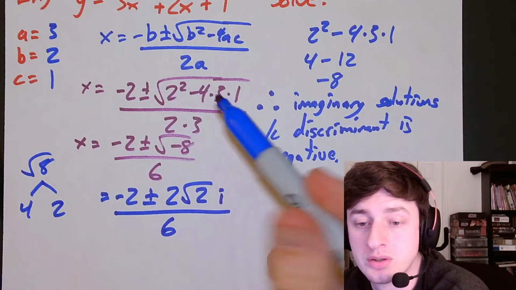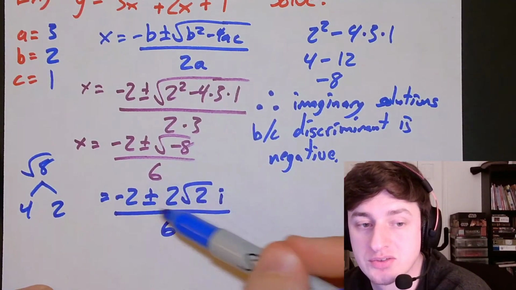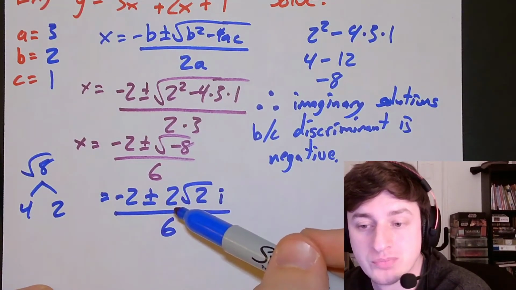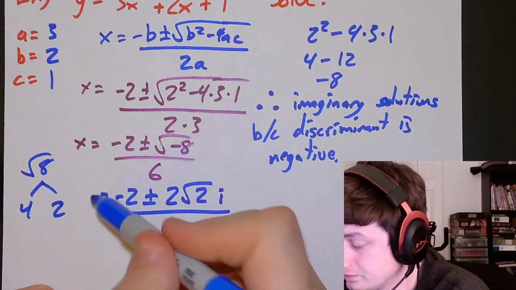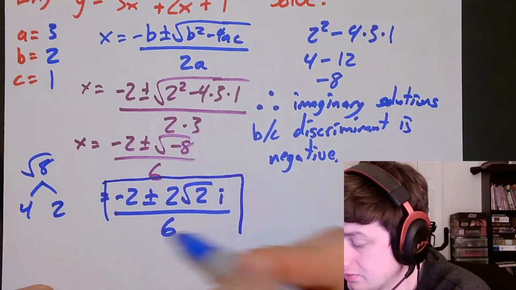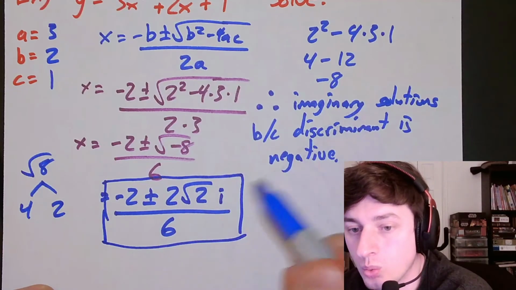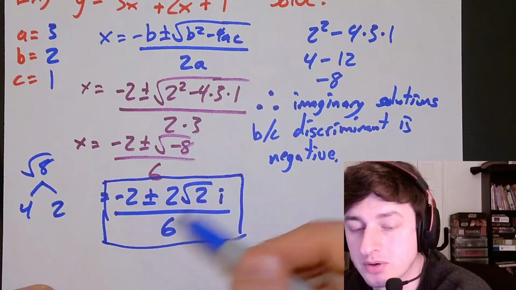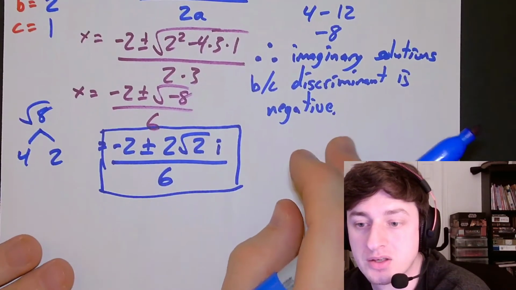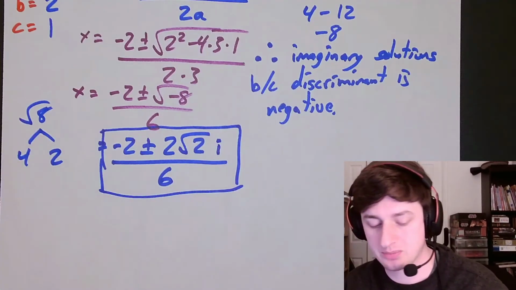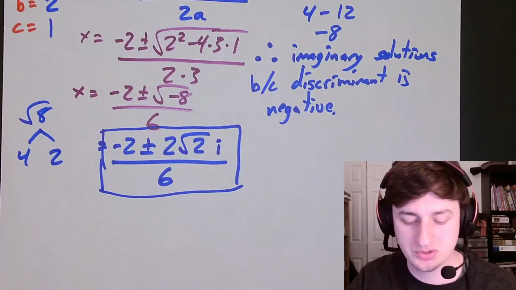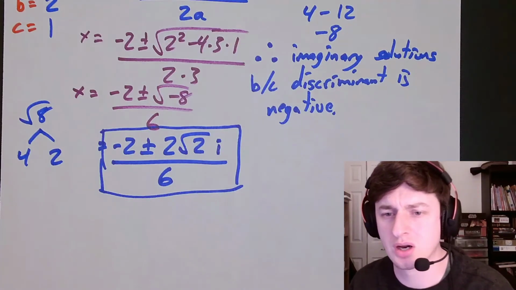Now I would accept this as the answer. So that's fine. But we can actually simplify this further by dividing. Right? So it's being divided by 6. Those numbers all have a 2 in common, right?